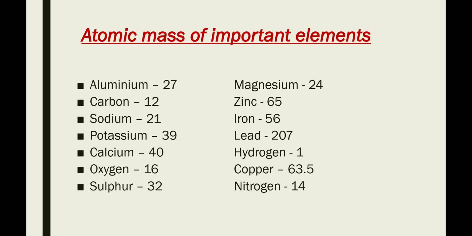Aluminium, atomic mass of aluminium is 27. Atomic mass of carbon is 12. Sodium is 23. Potassium is 39. Calcium 40. Oxygen 16. Sulfur 32. Magnesium 24. Zinc 65. Iron 56. Lead 207.